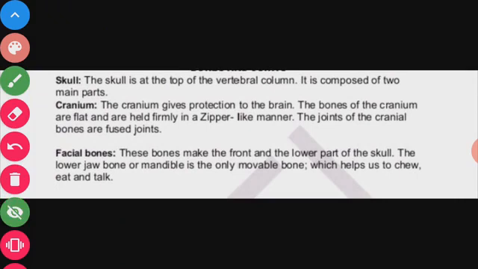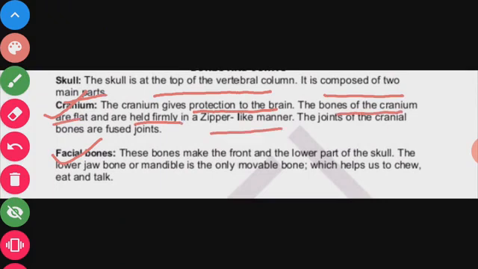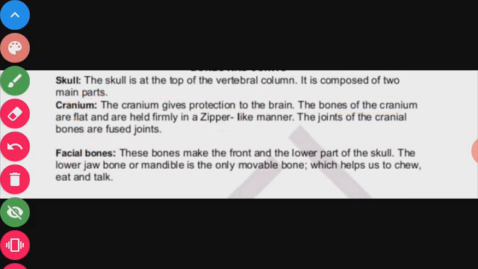The skull is composed of two main parts, the cranium and the facial bones. As I have told you, the cranium gives protection to the brain. The bones of the cranium are flat and held firmly in a zipper-like manner. The joints of the cranial bones are fused joints, attached with each other.